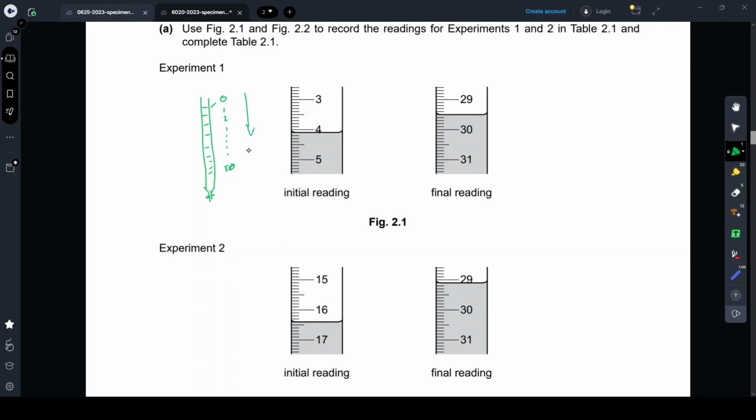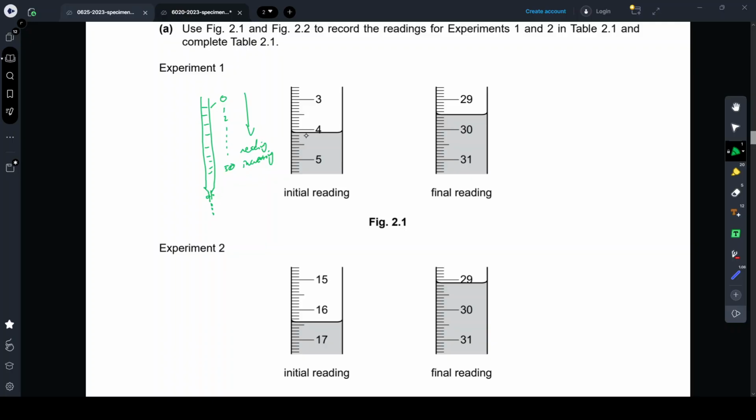And so when you're going down, the reading is increasing. Obviously the volume in the burette is getting lesser, because when you open a tap, it's flowing out. But the reading is increasing, meaning that you started off over here.